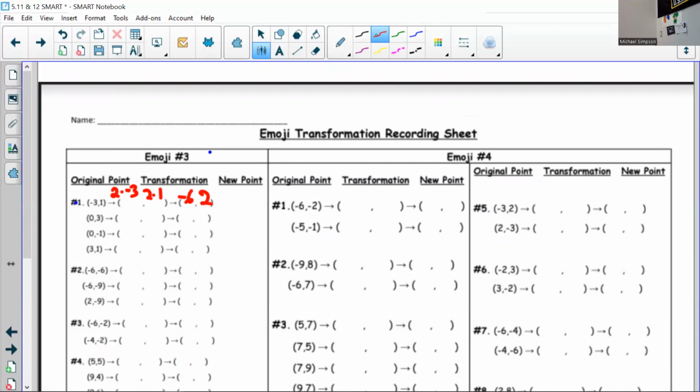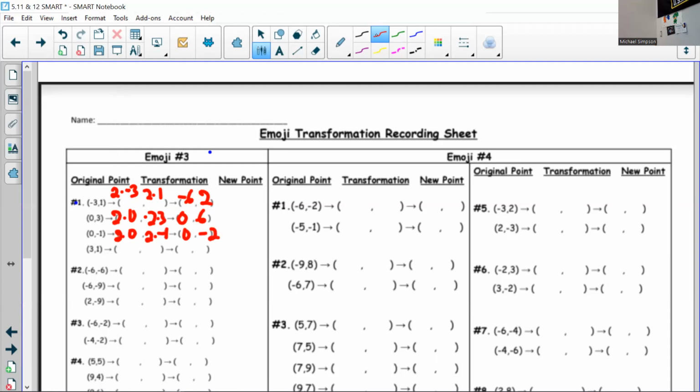The next one: 2 times 0 and 2 times 3, that gives me 0 and 6. Next, 2 times 0 and 2 times -1 gives me 0 and -2.